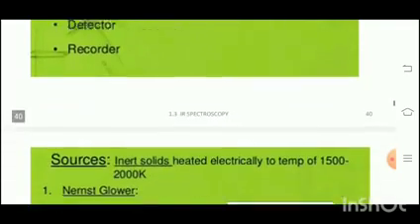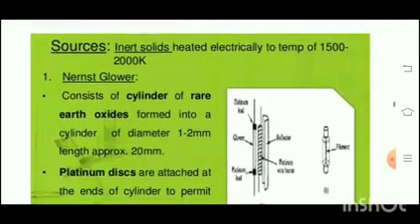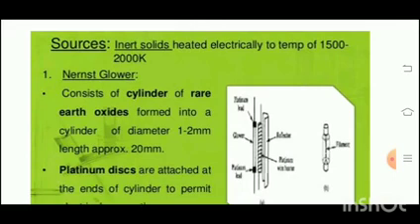First, the radiation source. Several radiation sources are used in the IR spectrometer, depending upon the requirement. The basic necessity of a radiation source is to produce IR radiation, particularly in the mid IR region. The first radiation source is the Nernst glower.